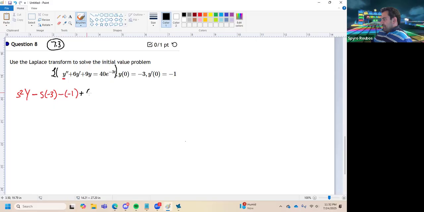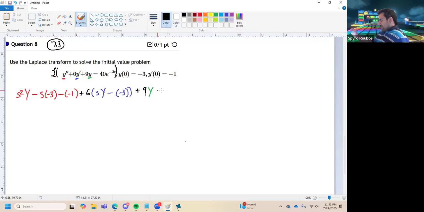Plus 6 times the Laplace of y prime, and that is sY minus y of 0, which is minus negative 3. And then plus 9 times, let's say, y. Well, L of y is just big Y.